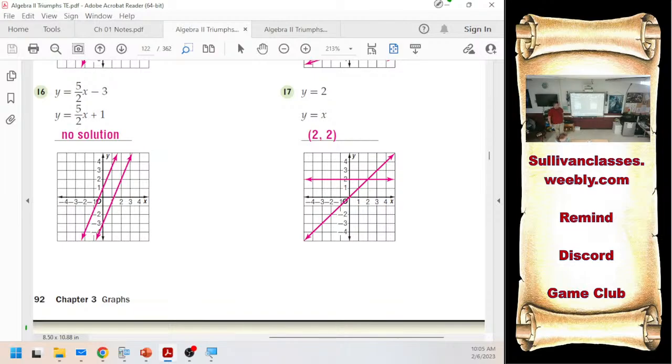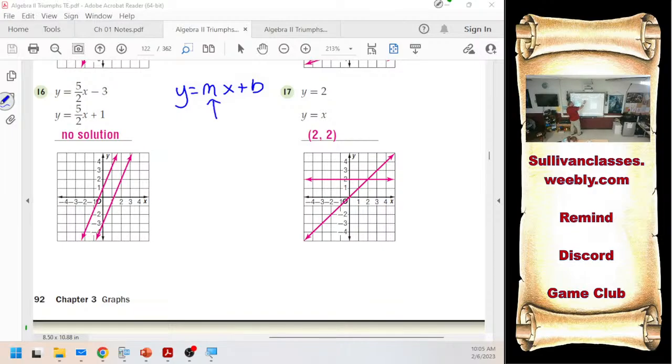I had someone ask me about 17. I bet a lot of kids tried to treat it like this. I know a lot of kids who tried to start at 0 and then do a slope of 2. But that ain't it. Remember, if I have y equals mx plus b, what part of it is missing? If I just say y is 2, okay, this part is missing.